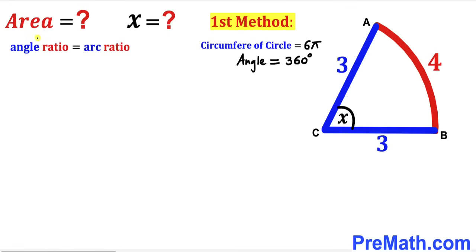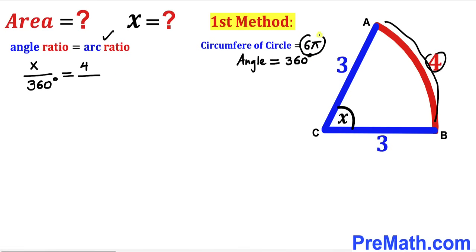Now we are going to fill in the blanks in this proportion. The angle ratio is this sector angle x divided by the whole circle angle, 360 degrees, which is equal to the arc ratio, meaning this given arc AB is 4, divided by the circumference of the whole circle, 6 times pi. Now I'm going to multiply both sides by 360 to isolate x.